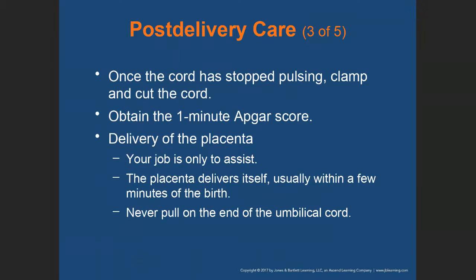Obtain a 1-minute APGAR score, which is an assessment tool that we use to obtain their first set of vital signs. So the A is for appearance, P is for pulse, G is for grimace, the other A is for activity or muscle tone, and the R is for respiration. The most points they can get for each area is 2.